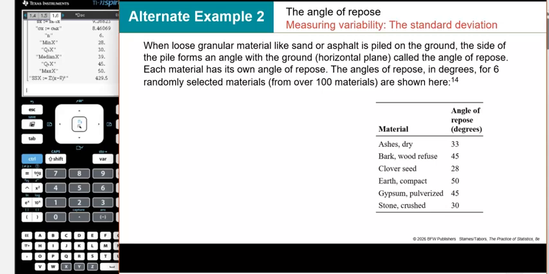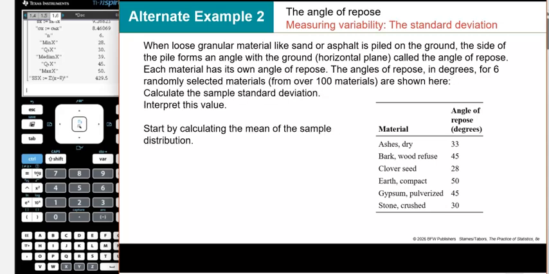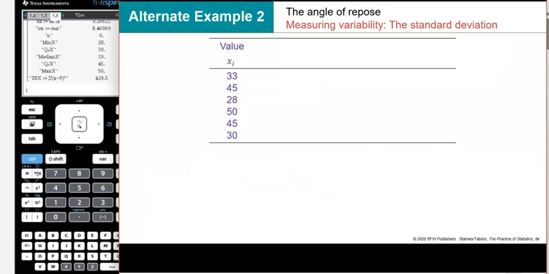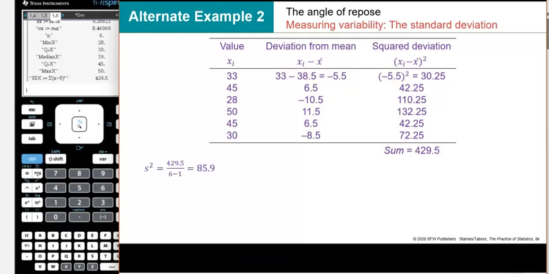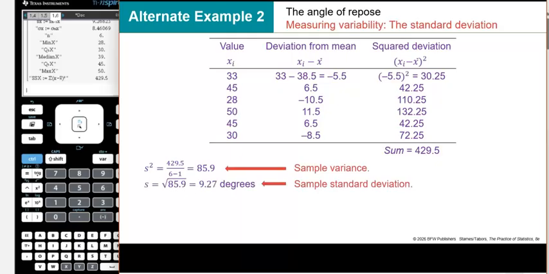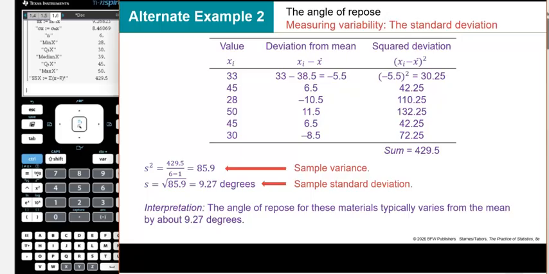Okay, so that means, and I almost want you to know this wording for standard deviation. That is the typical difference from the mean. So they did kind of what I did here. They squared it. They added them, square rooted it, got that. The angle of repose typically varies from the mean by about 9.27 degrees.